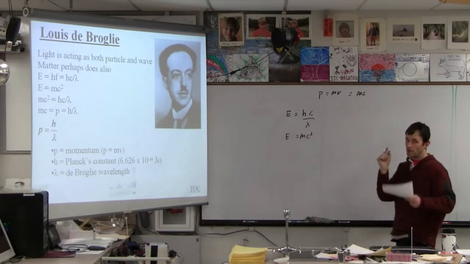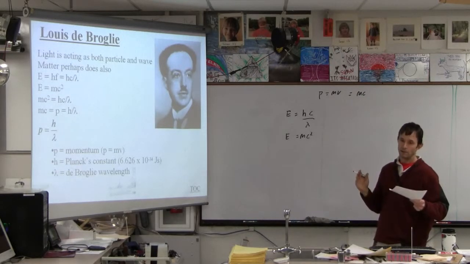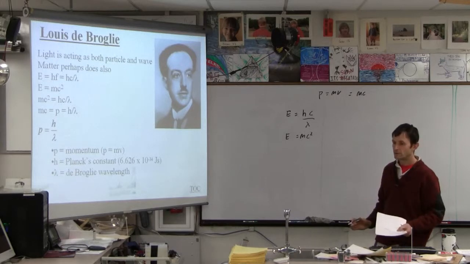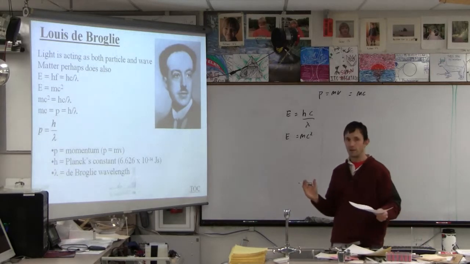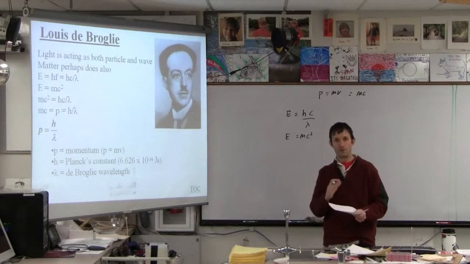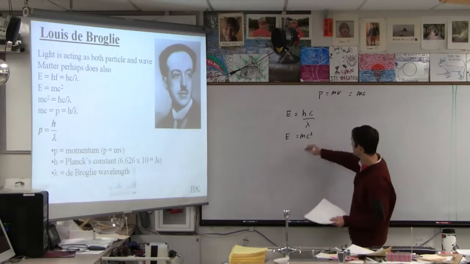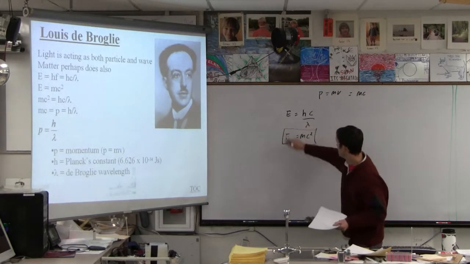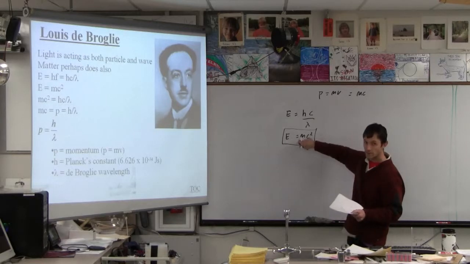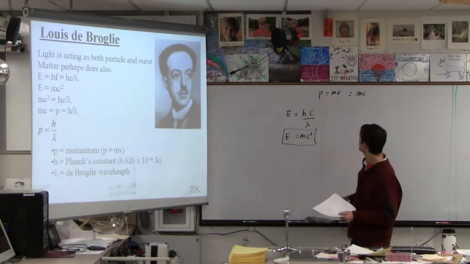And I know what you're thinking. You're thinking light doesn't have mass because it's energy. But think again, because it's got energy and therefore it has mass. This is what E equals mc squared says: anything with energy has a mass. Not much mass, but it's got some mass, right?